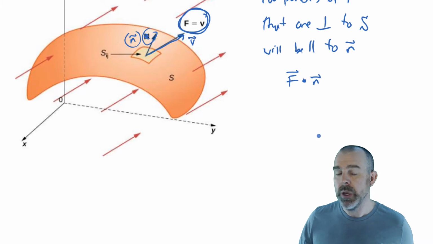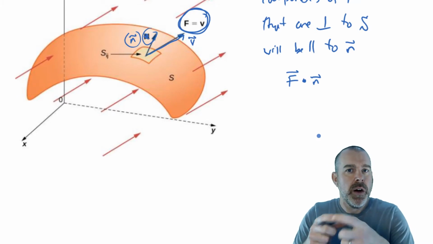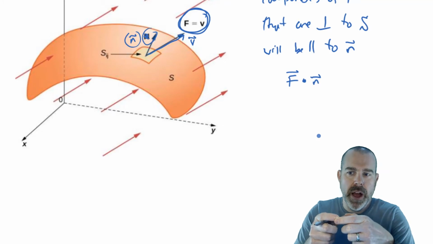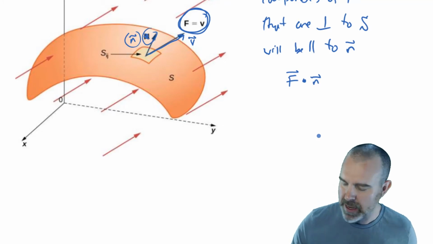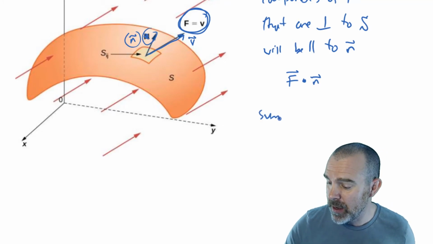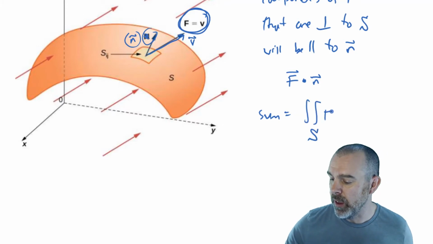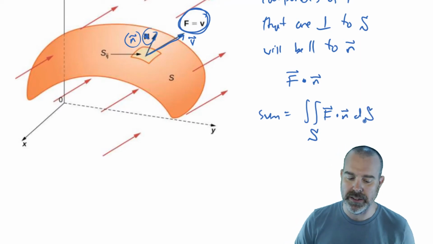Then we multiply that by the area of that representative piece. So adding all of those up would be the surface integral of F dot n dS.